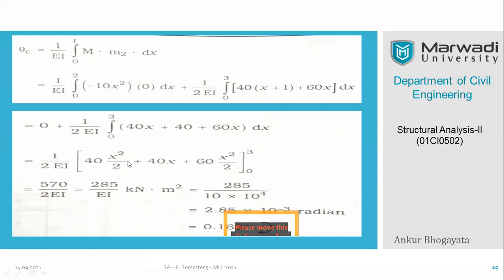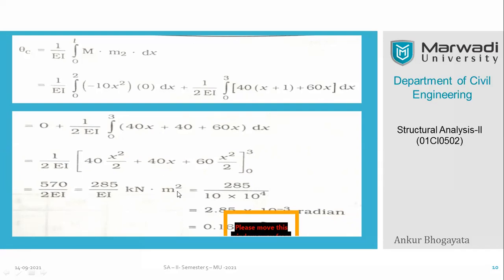So it gives you x square by 2, 40 becomes 40x, and 60x becomes 60x square by 2, right? And then you replace it with the final answer of integration, length 0 to 3 meters. So it gives you 570 divided by 2, which turns out to be 285 kilonewton into meter square.